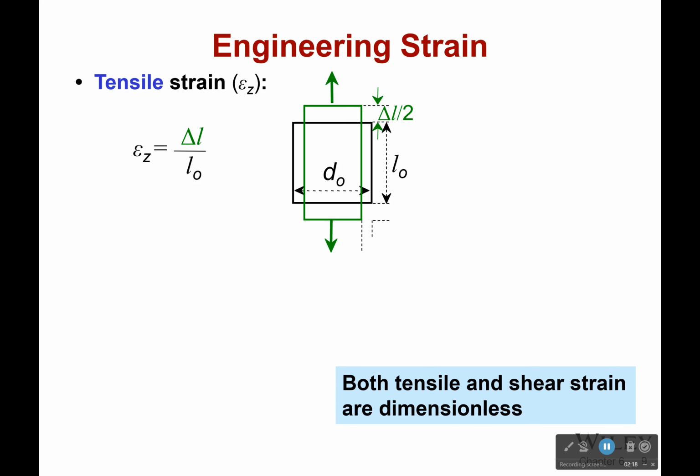But how do we determine how much it deforms, how much it changes, how much it stretches and strains? We do it by defining another term. Just like we had to normalize our force by dividing by area, we also need to normalize the deformation. How much did you change in size?